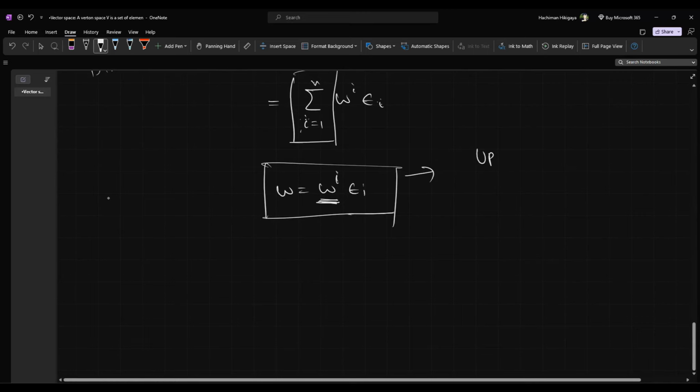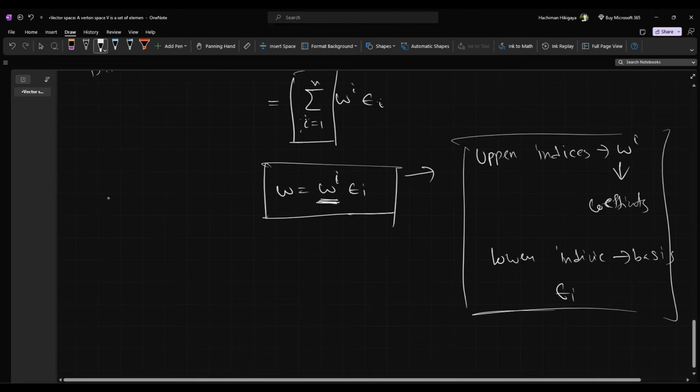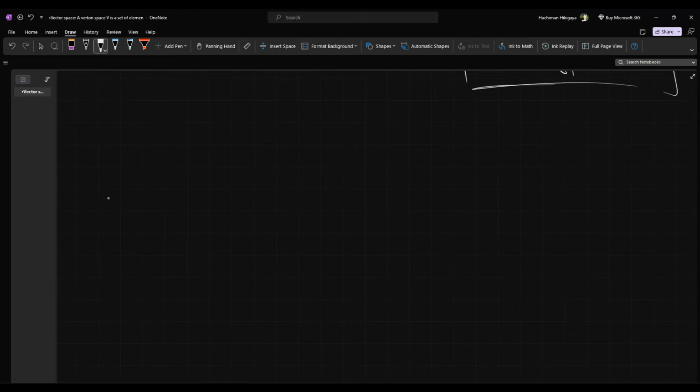So it's upper indices for coefficients, and lower indices for bases. So this is our vector space.